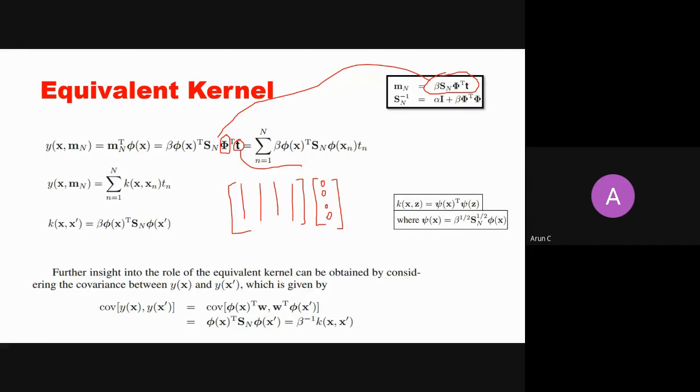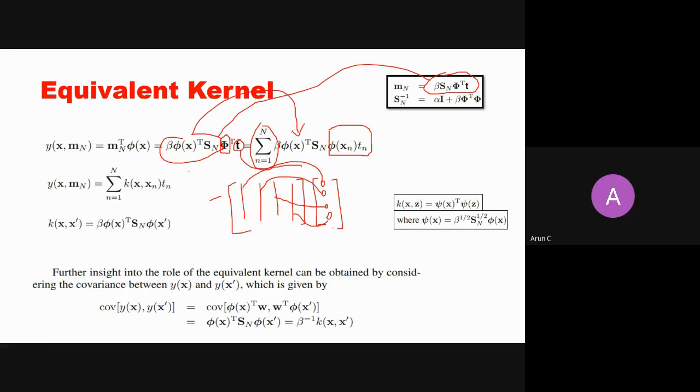I multiply T1 with the first sample, T2 with the second sample, T3 with the third sample, T4 with the fourth sample, and Tn with the nth sample, and then I sum it. Yes, yesterday we discussed it. So this is what we have done: we have taken a product of the nth sample with the nth target value, and then we are summing them up. And these are all the remaining terms, which are as it is from this expression, right?